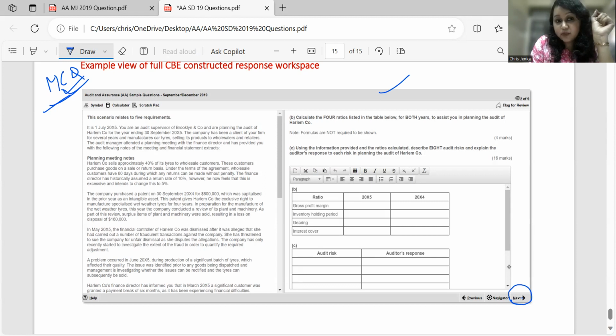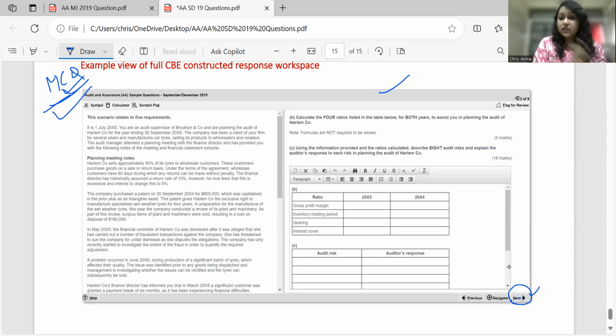You can skip this part if you have already appeared for your CB exams. Whoever is new to the CB exam, please watch this. So this is the next tab. If you click on this, you will be directed to the next question. And once the 5 questions are over, if you click on next, the case on your left side will also change, and then you'll have 5 questions based on that.